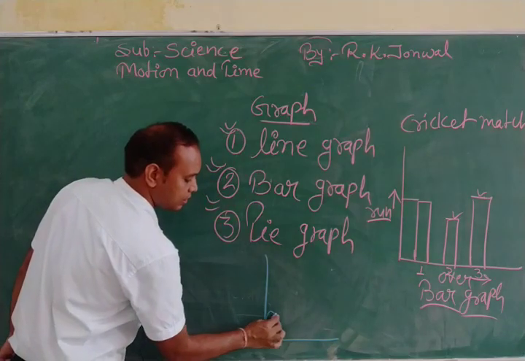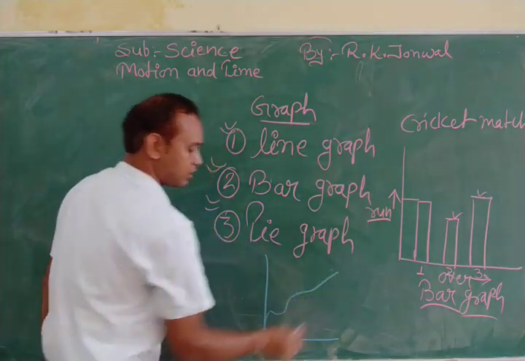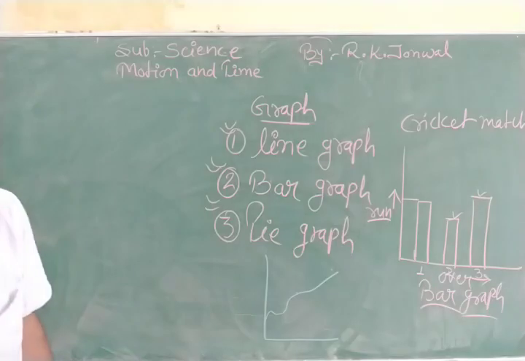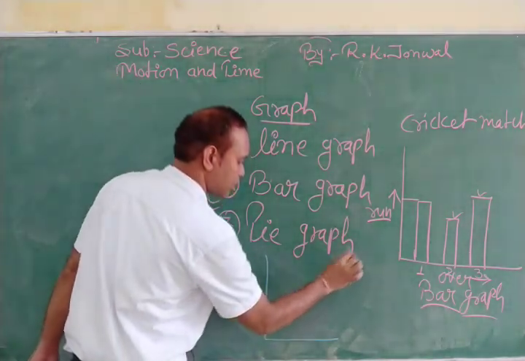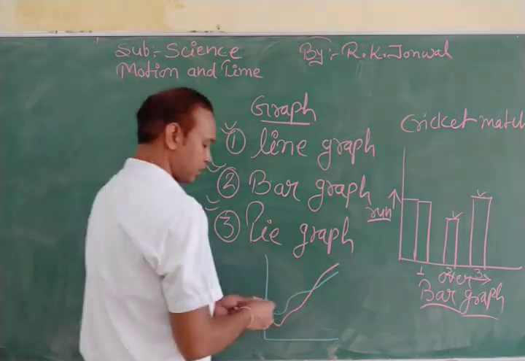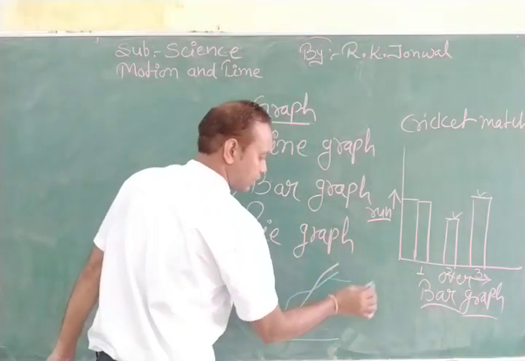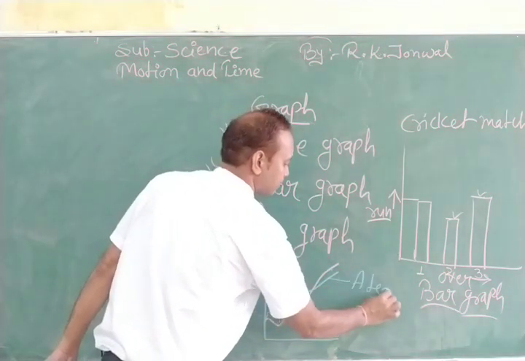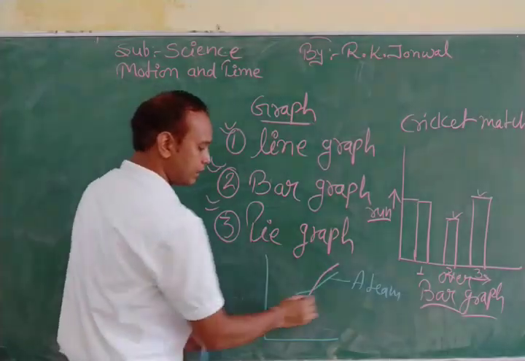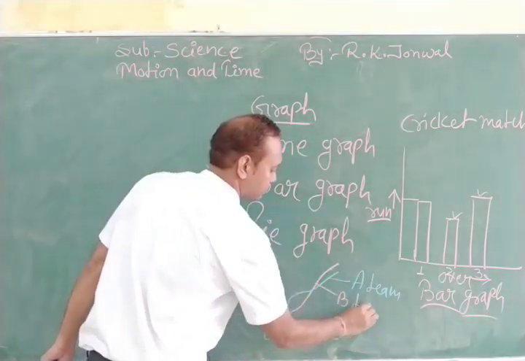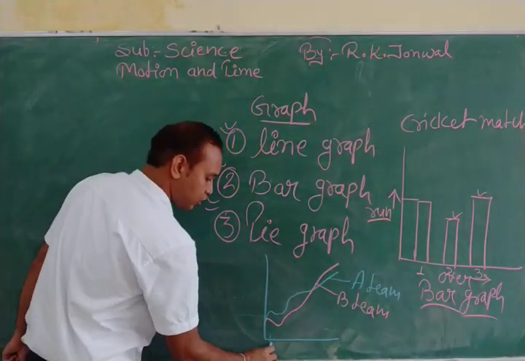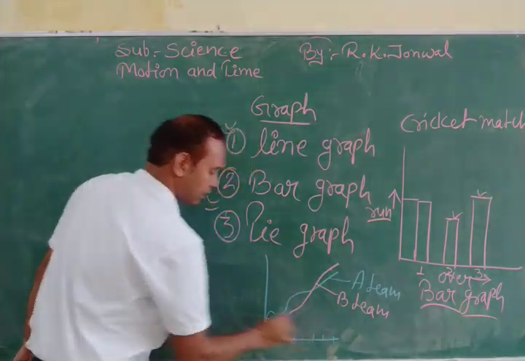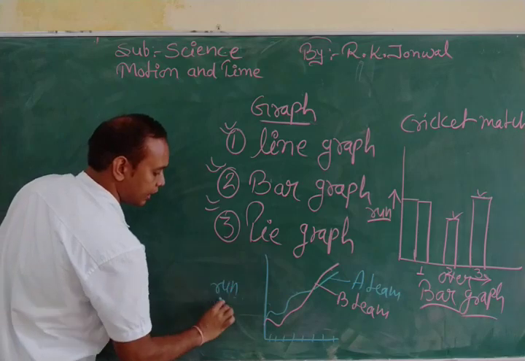In the second graph we can see some lines in different colors. We can see it is A team and it is B team. Here are the overs, here is the run rate.